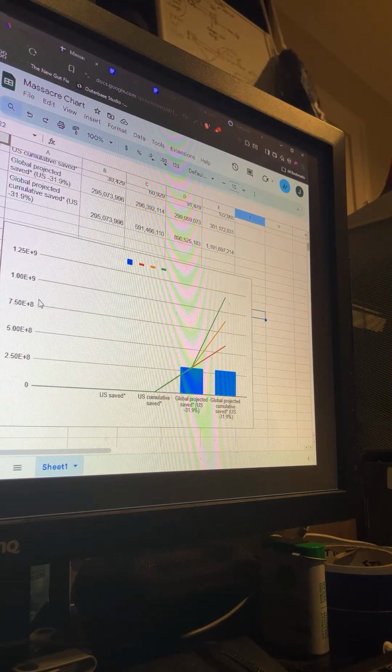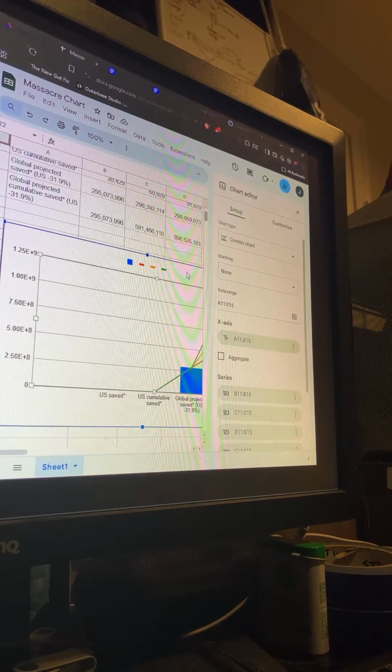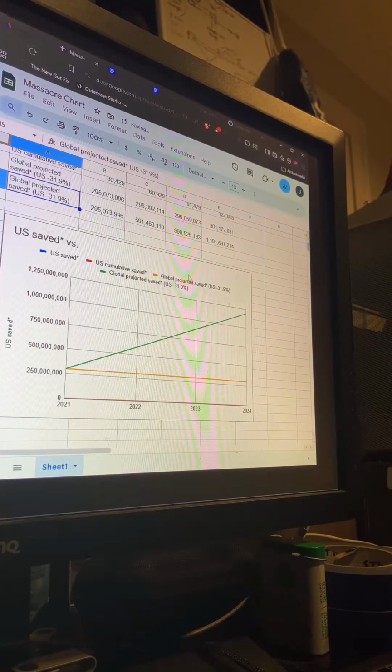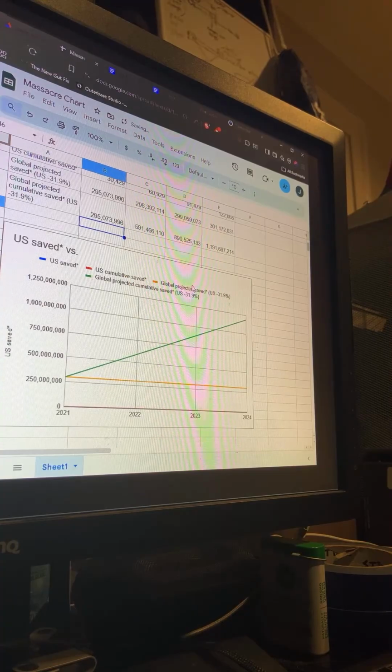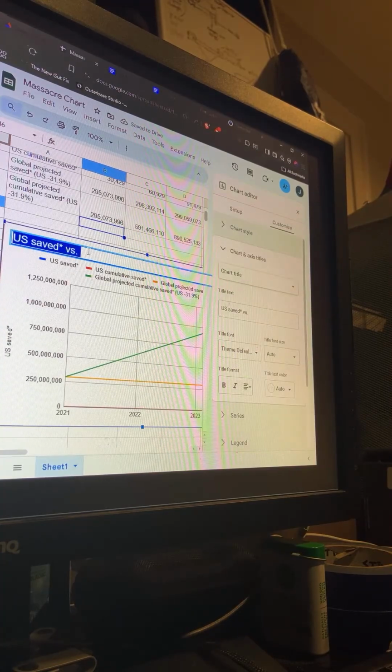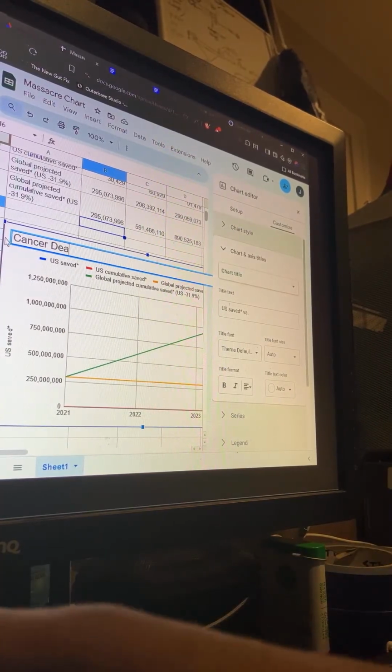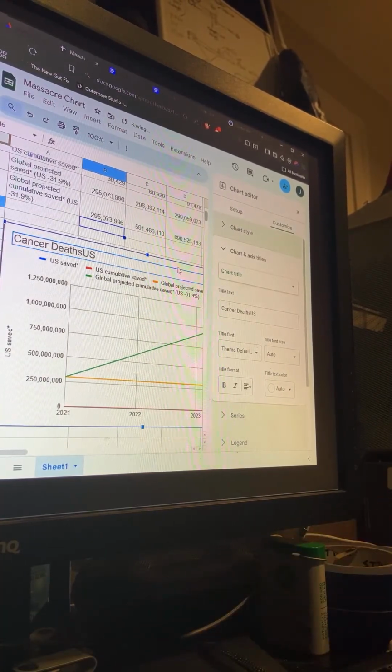Yeah, the numbers are off this chart, so we need two separate charts for this.